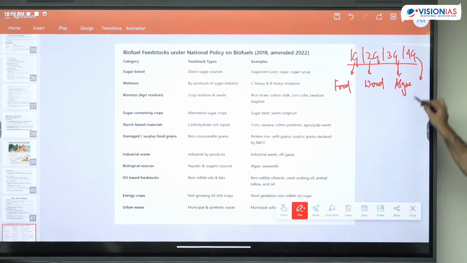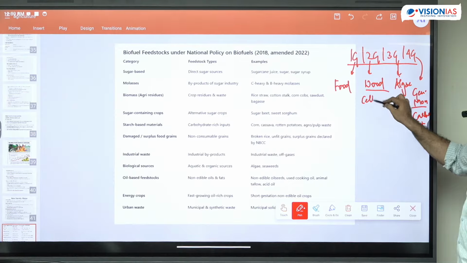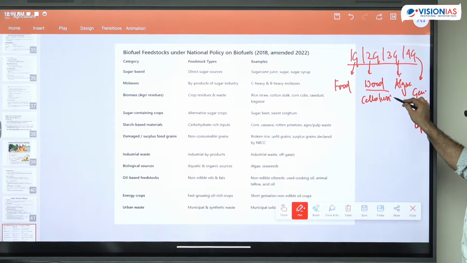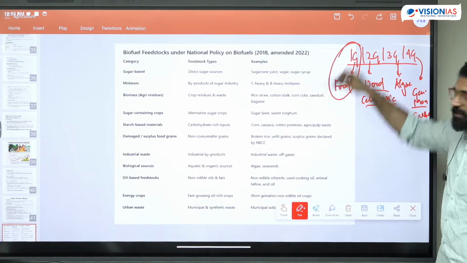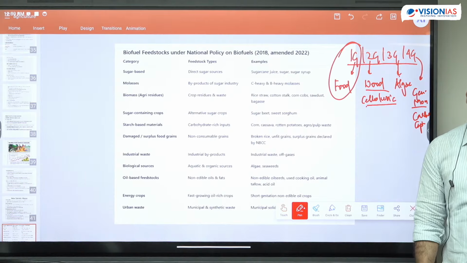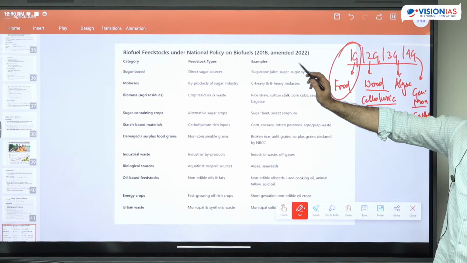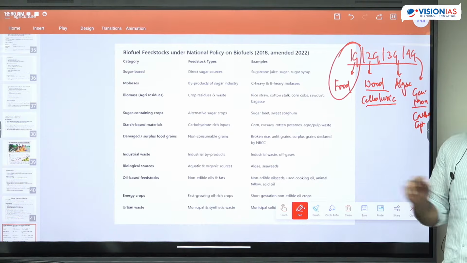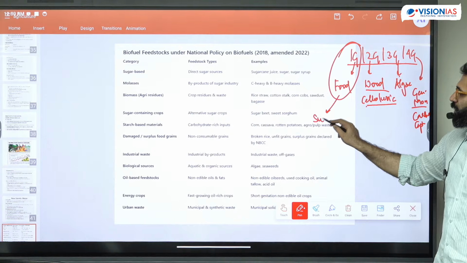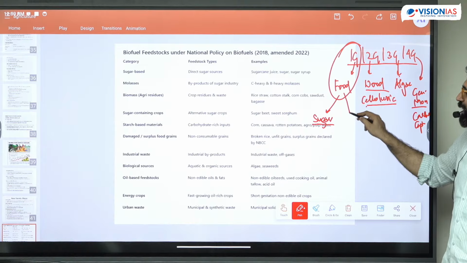And fourth is modification or carbon capture. Food, that is cellulosic biomass. This is the most advanced development. In food, what exactly has happened? These are all which you can read, which is allowed in India. In food, recently what has happened? Most production was from sugar in India.